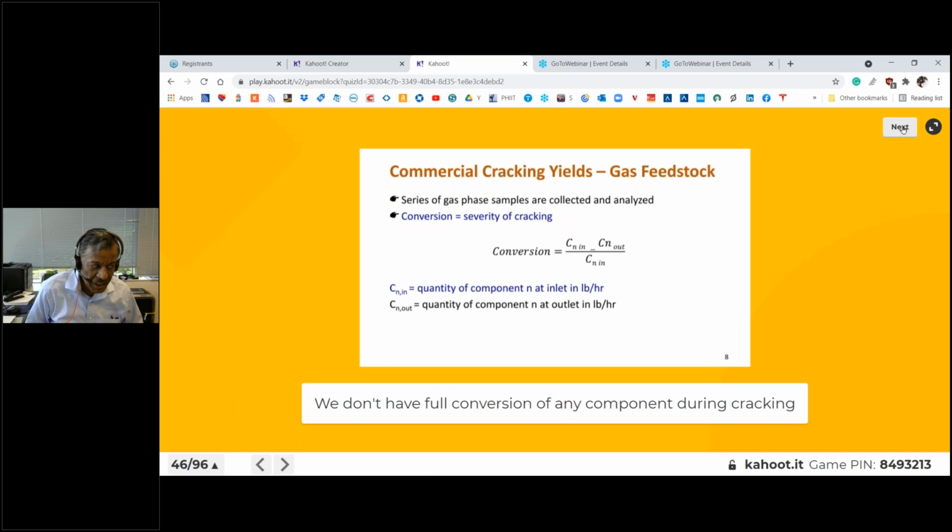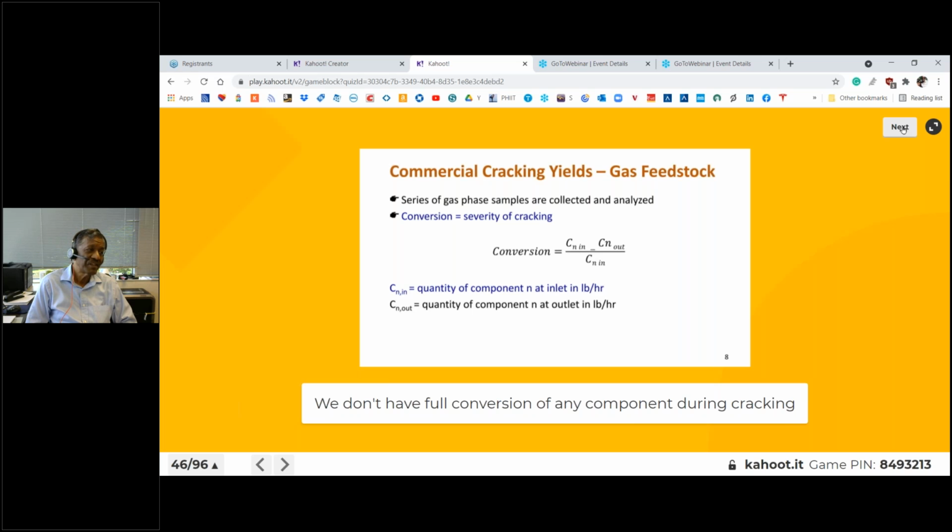So how do we check what is happening? Because the cracking furnace has one important role, that it is cracking the feed. So how do we measure our success, or how much are we able to crack our feed into ethylene? For the gas feedstocks, the industry standard is conversion.